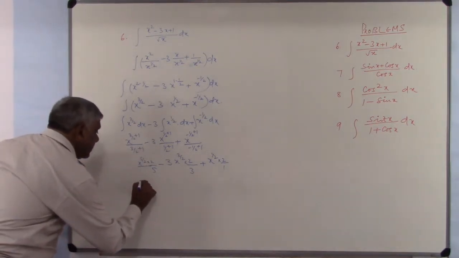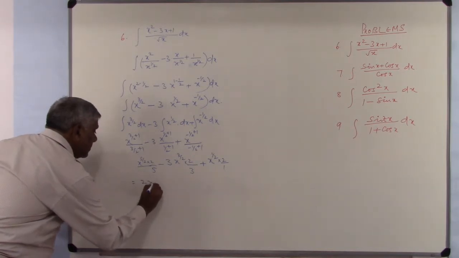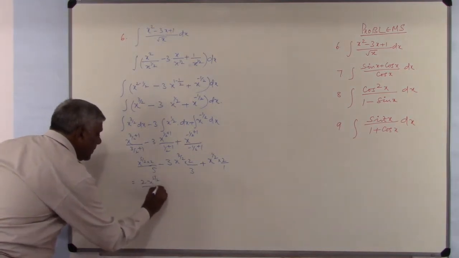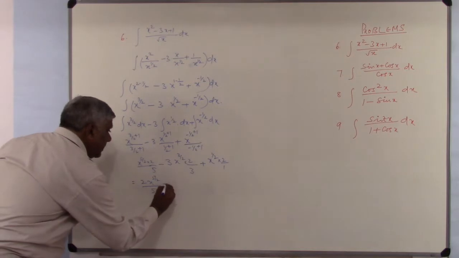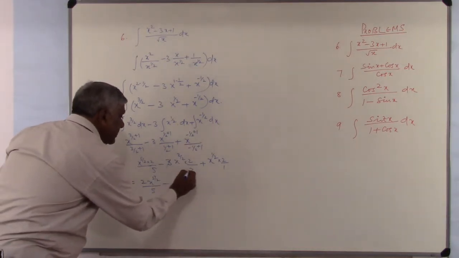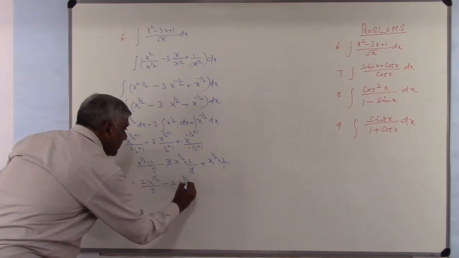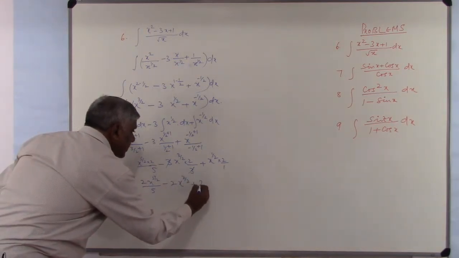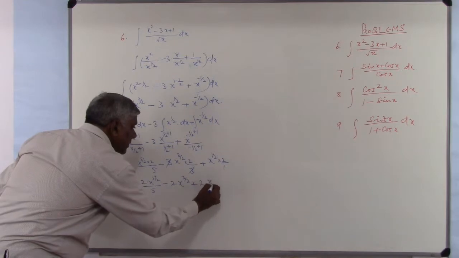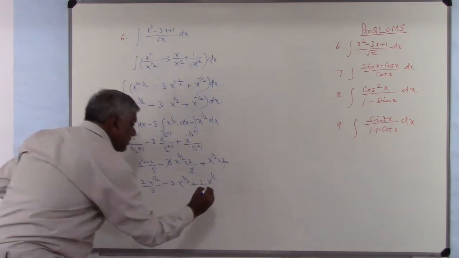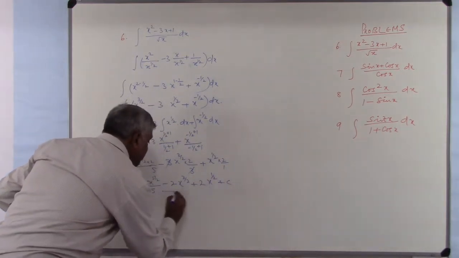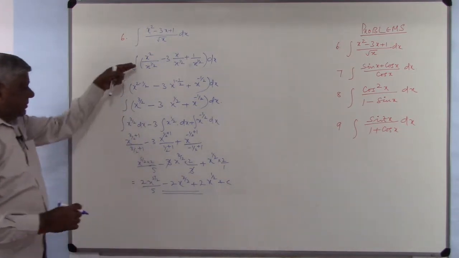Therefore, this is equal to 2x to the power of 5 by 2 divided by 5 minus, see this 3 and this 3 get cancelled, minus 2x to the power of 3 by 2 plus 2x to the power of half plus c. This is the answer for this problem.